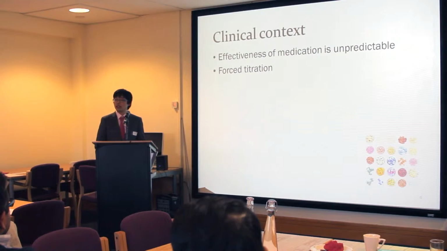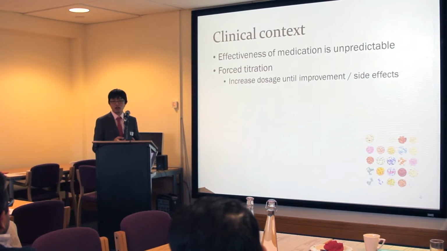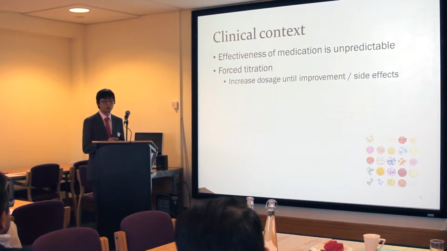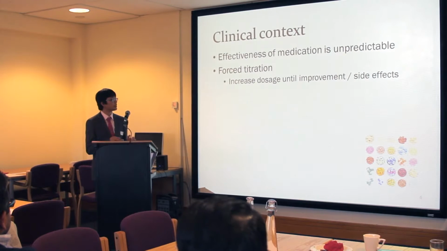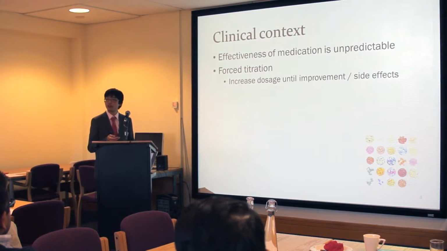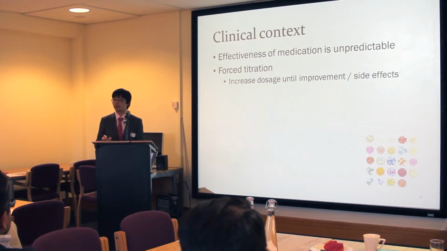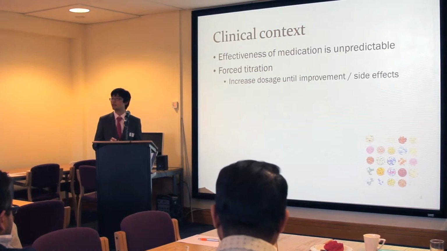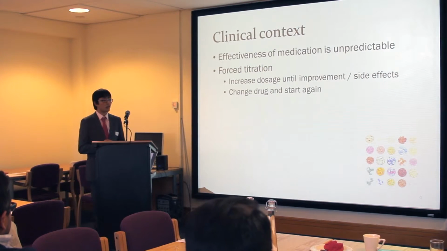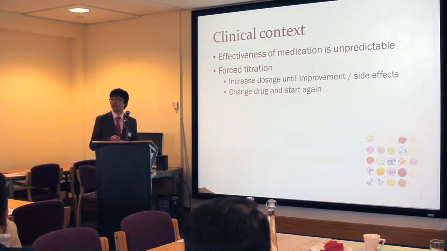So what clinicians normally do is go through a process called forced titration. When a patient comes in, the doctor would prescribe a small amount of drug first, and increase the dosage until the patient improves or they suffer from side effects. If they encounter side effects, they might try another drug and start increasing the dosage again.